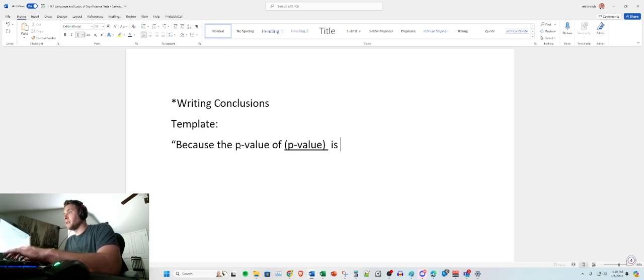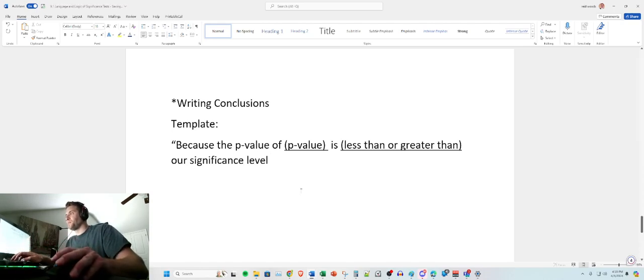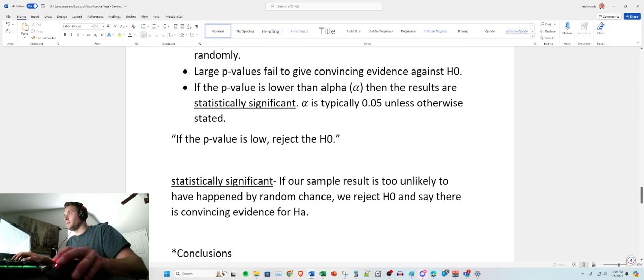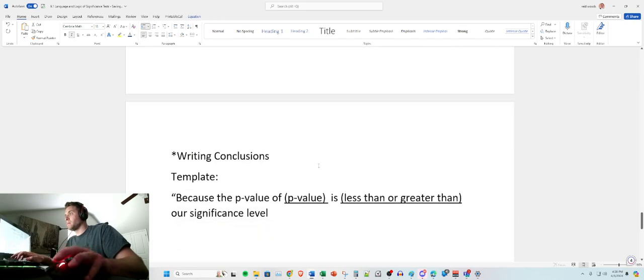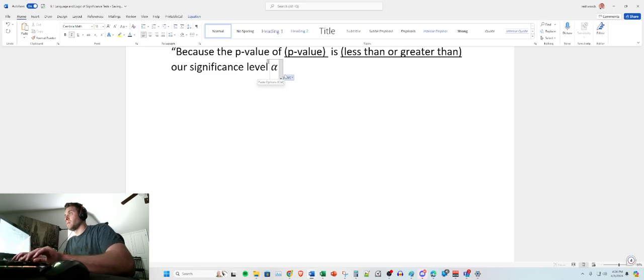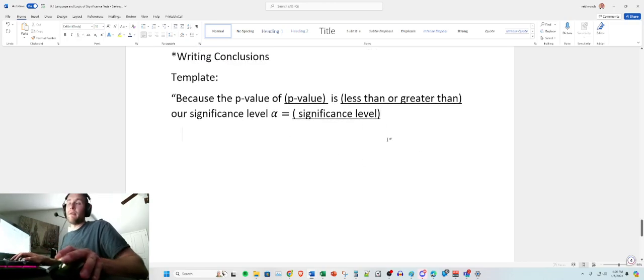So the p-value is, and in this next part, less than or greater than our significance level alpha, and then we'll put at your significance level. Normally it's 0.05, like we said.